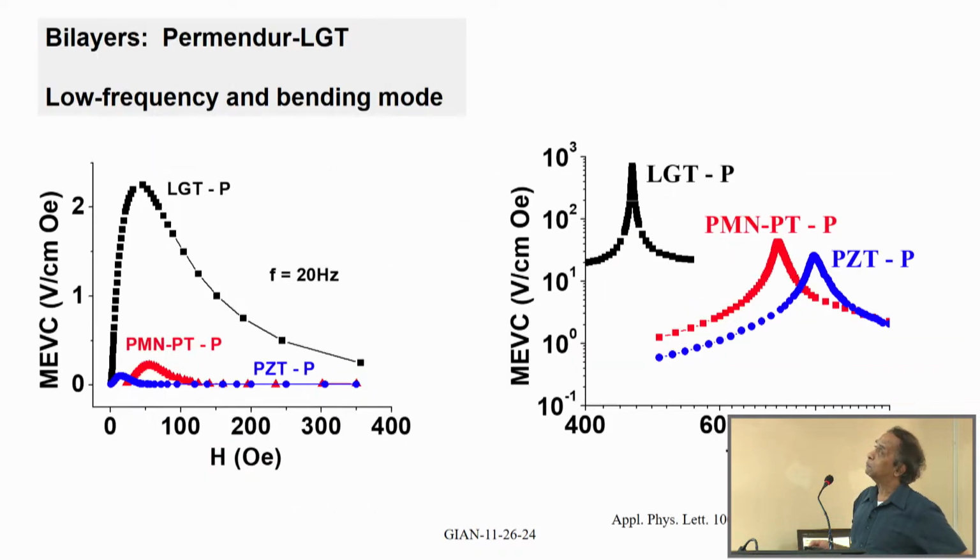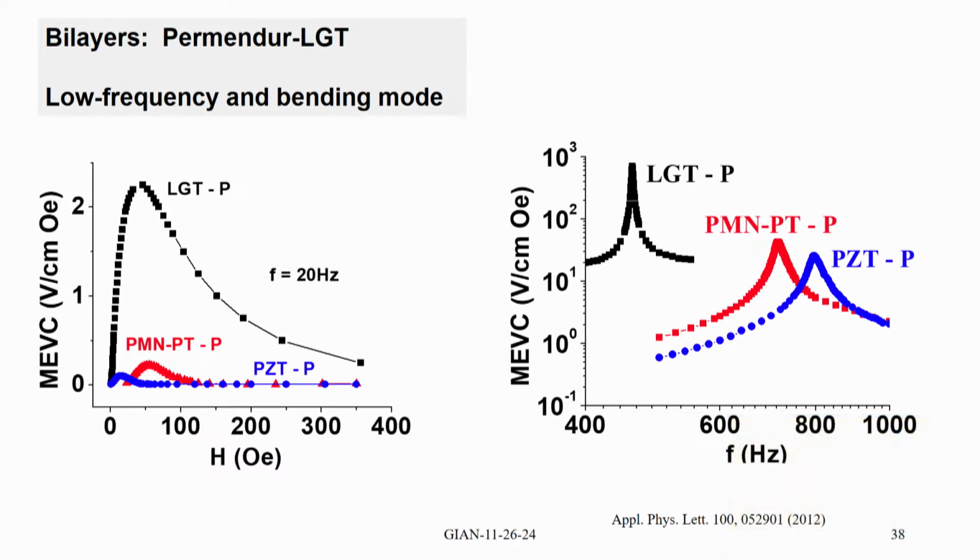This is with a bilayer of LGT and permendur with 3 different choices for ferroelectrics or piezoelectrics. This is PZT, PMN-PT, and then LGT. As you see here, these are at resonance. Since these are bilayers, low frequency values are shown on the left.